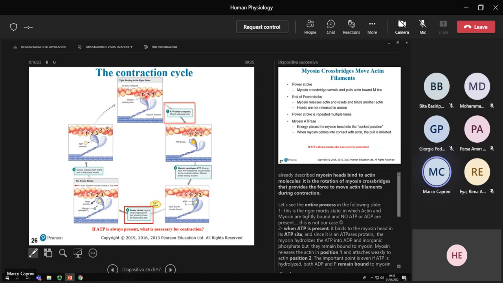So the myosin head can bind to the actin molecule at the binding site. It is the rotation of the myosin cross bridges that provides the force to move actin filaments during the contraction. Let's see the entire process. Okay, let's see what happened in the entire process.